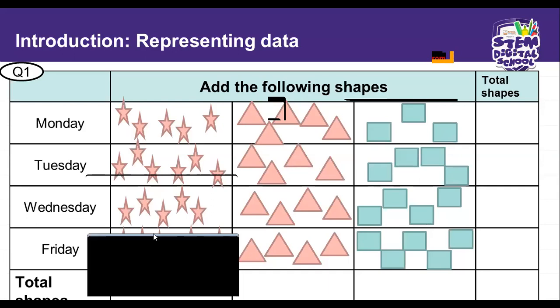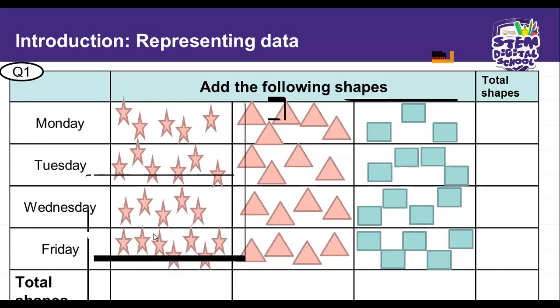Okay, we'll do the last one together. Let's see the last one. You can type it in for me. What is the total number of shapes that you see in the last one there? Okay, Bushle, I see you.